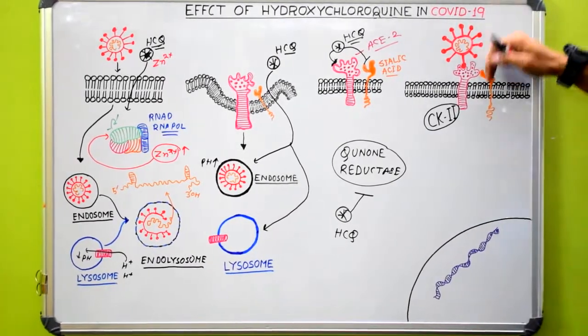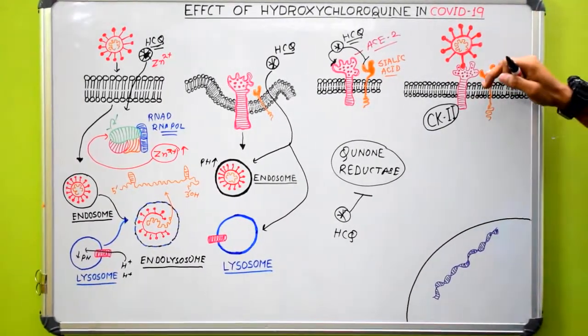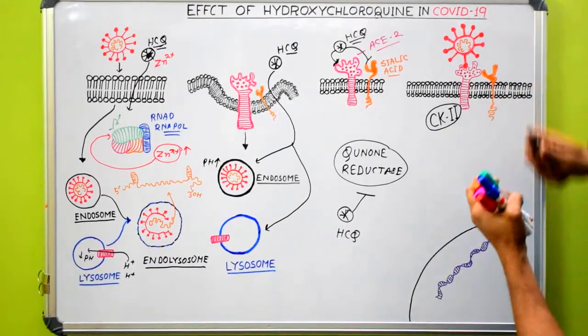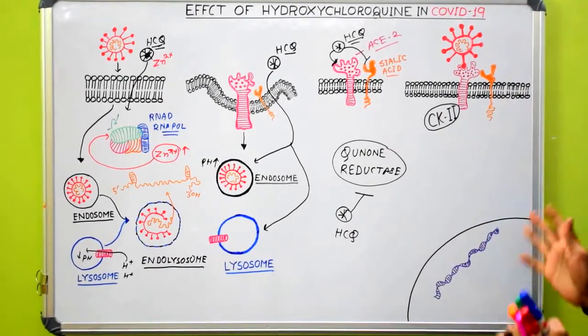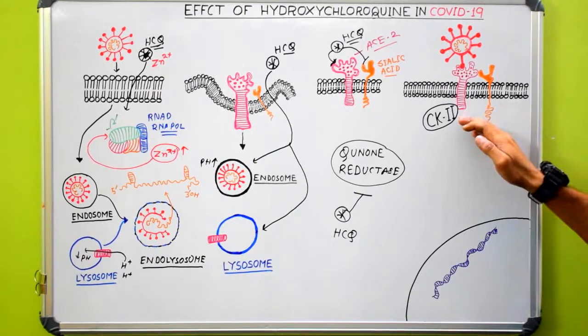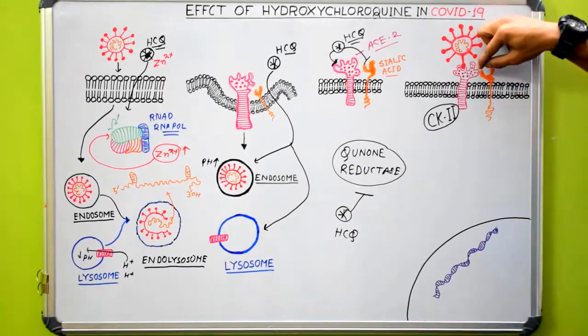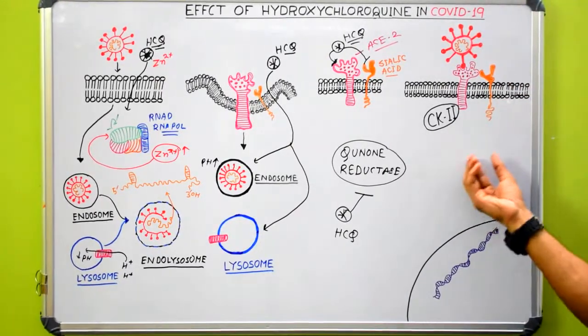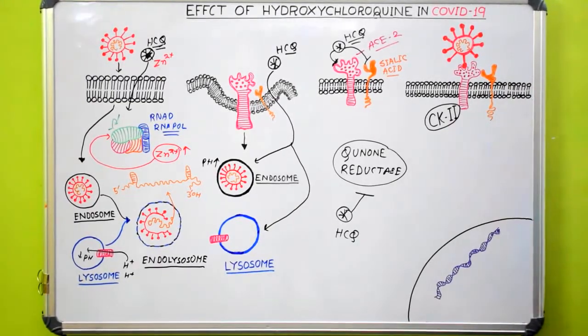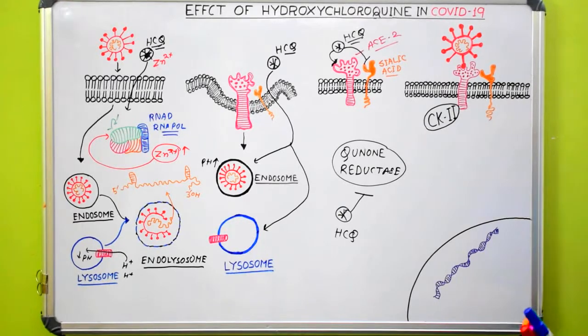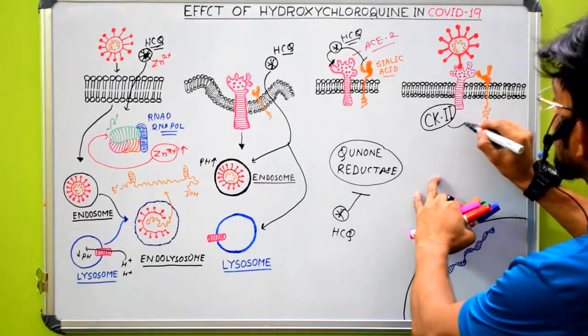So this is the virus, and it is entering inside the cell, and at the initial time of attachment, as I have told in the previous video, once it is attached with this ACE2 receptor, in the intracellular domain it activates the casein kinase 2 protein, and it autophosphorylates the serine residue present in the intracellular domain of this receptor.